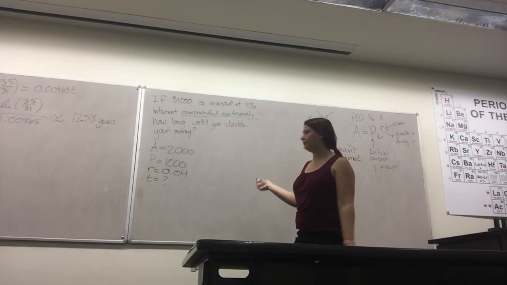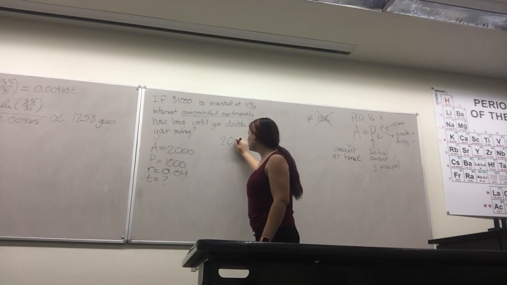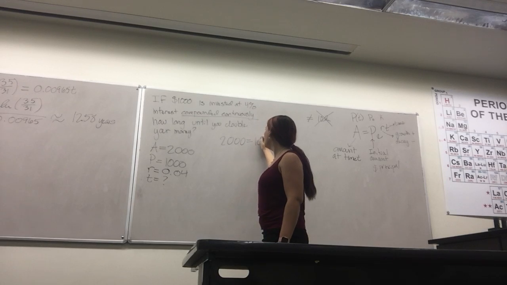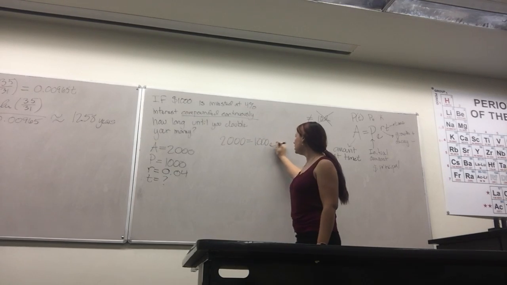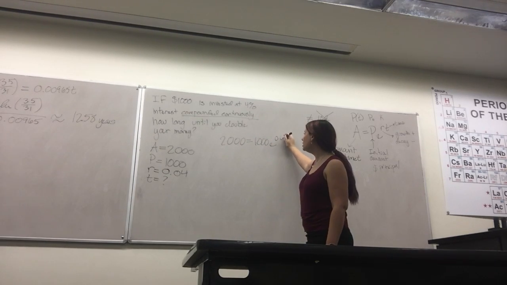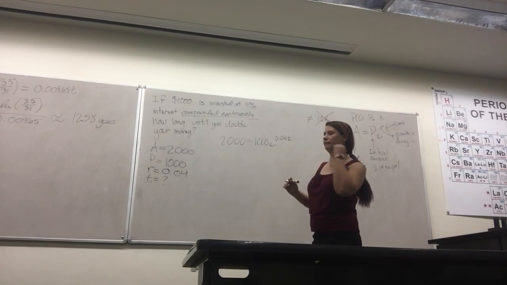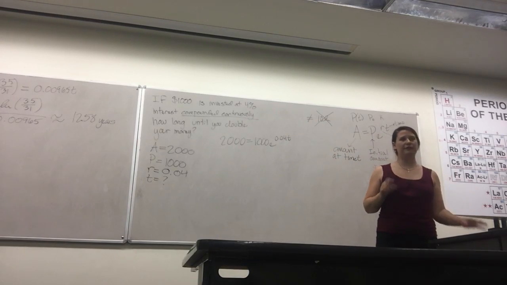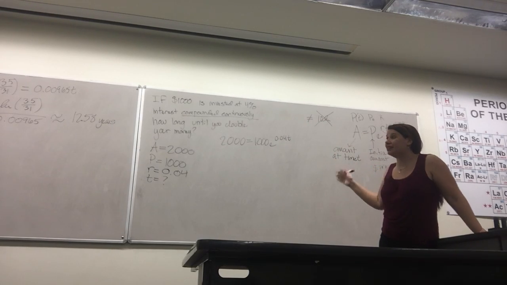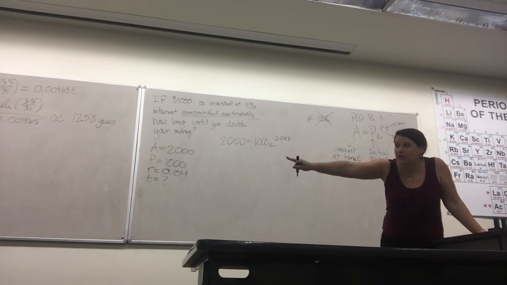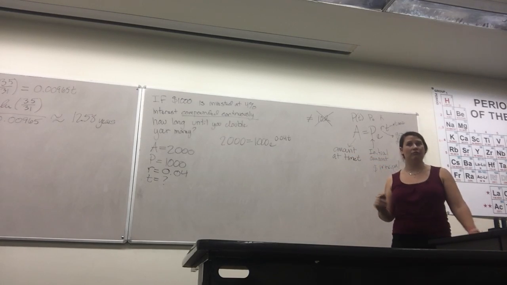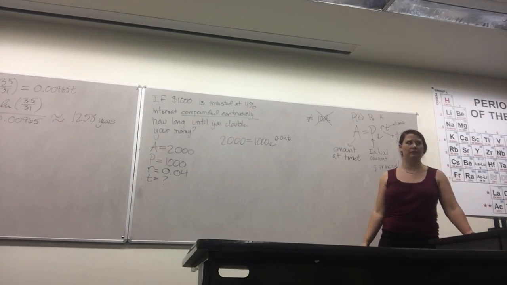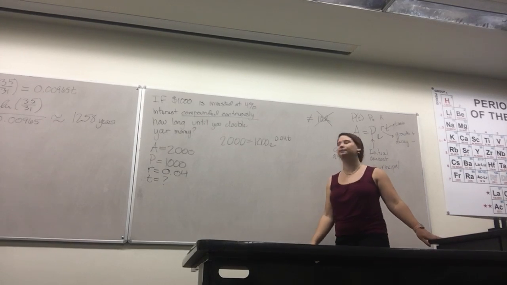So let's set it up. We have 2,000 equals 1,000 e to the 0.04t. Same setup every time. And this is the exact same calculation we were doing that time, right? It just repeats itself over and over again.